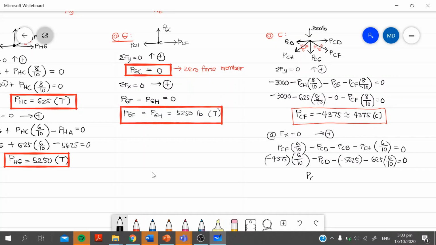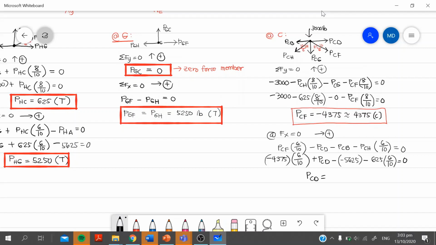Okay, so we can solve now for force CD. Force CD in this equation is plus because it points to the right, right?